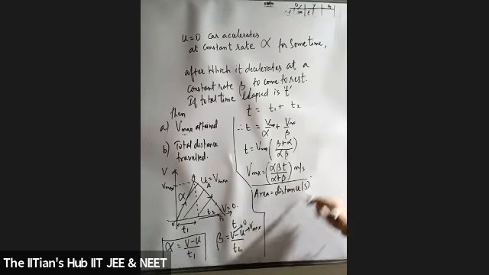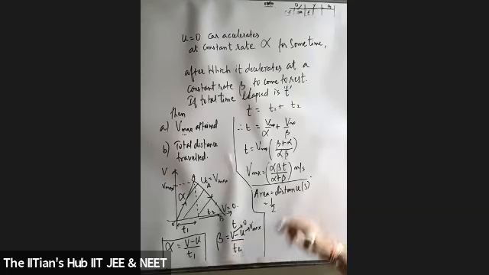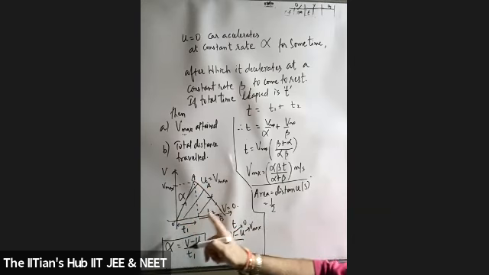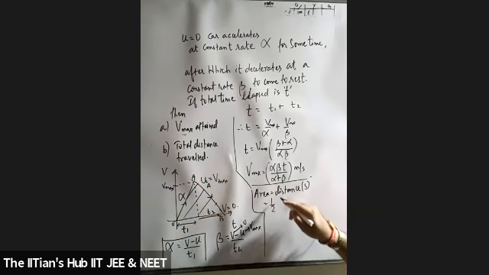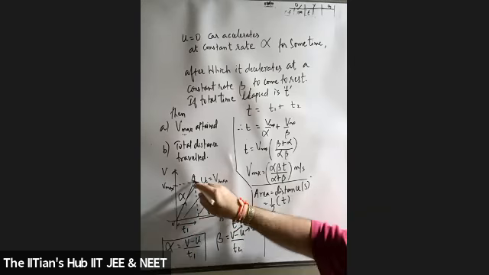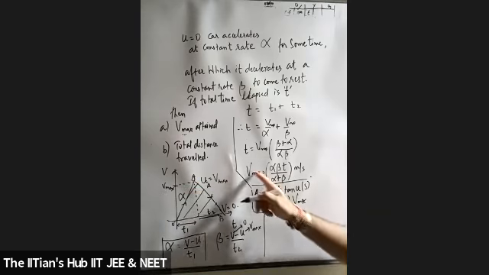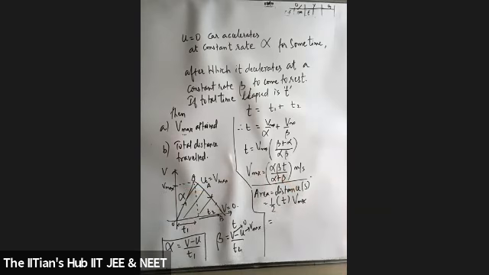It is half base into height. Half base is t1 plus t2, that is the total time, and height is V max. Substituting V max, the answer will be alpha beta t square upon 2 into bracket alpha plus beta. And that answer is the distance covered.